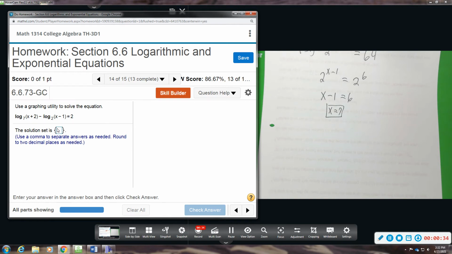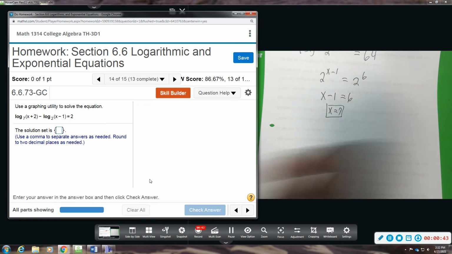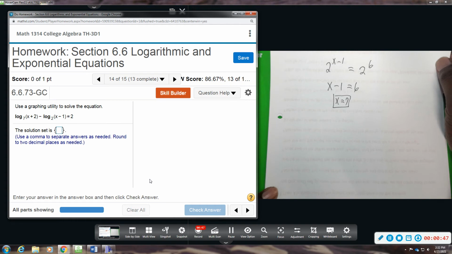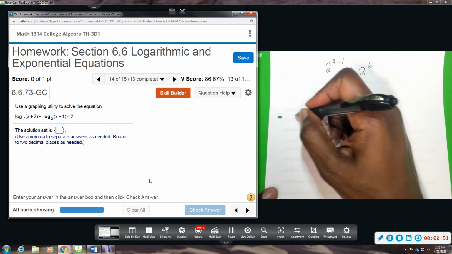So you either use the calculator app on the phone, which the steps may be a little bit different, but the setup is all the same. So what I'm going to do first is use the change of base formula for both of these log expressions.